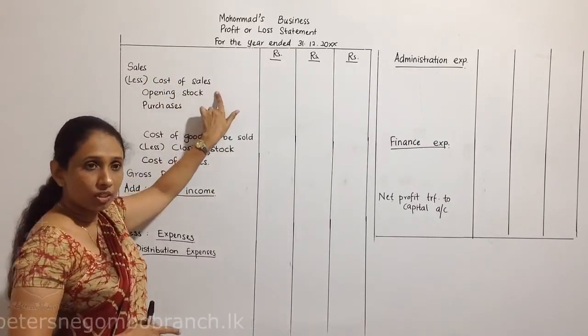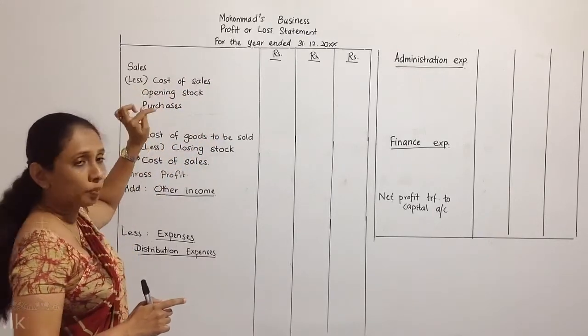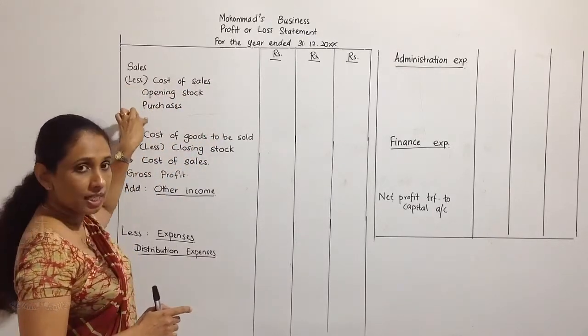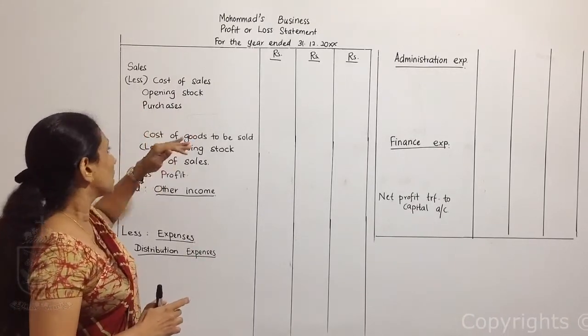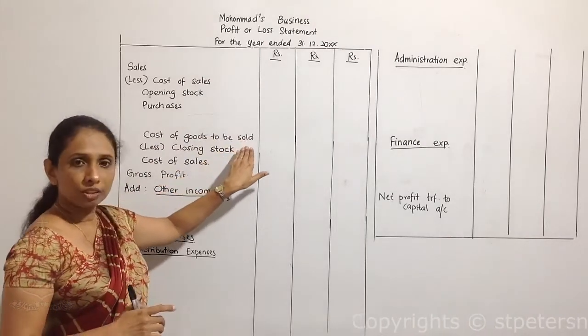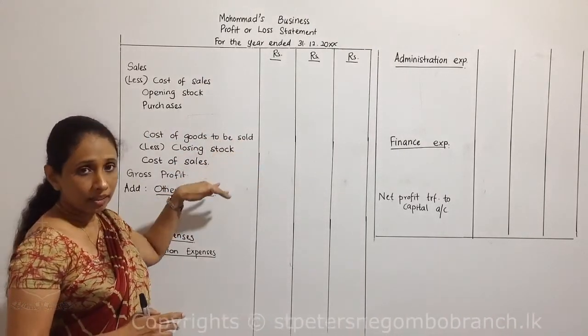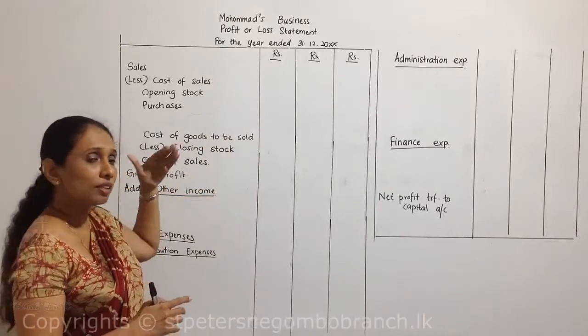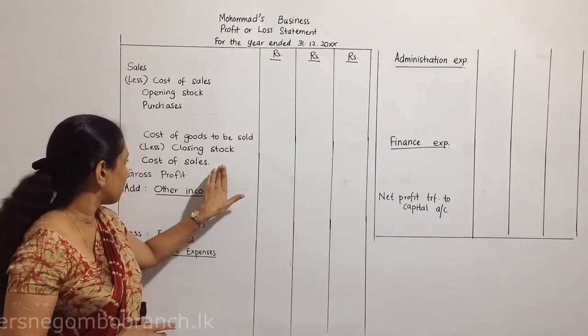Then there is the cost of sales. In calculating the cost of sales, we will have the opening stock, then purchases and any purchases-related expenses if there are. Then we can calculate the cost of goods to be sold. I have marked that also. Then from that we have to deduct the closing stock, and then the cost of sales figure can be arrived at.